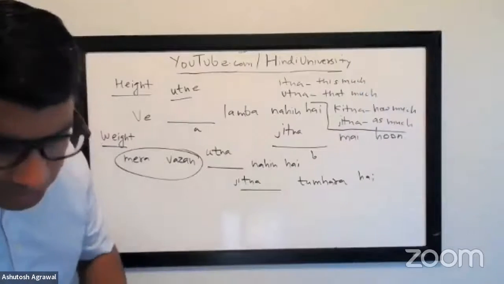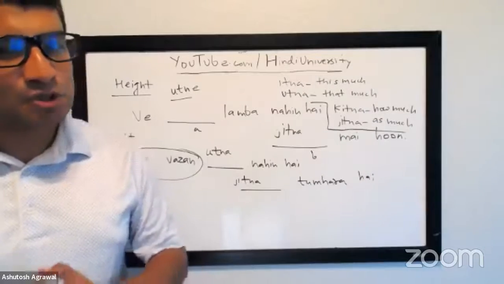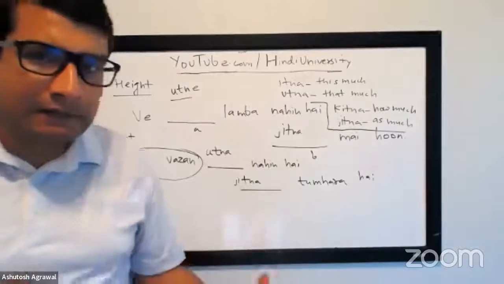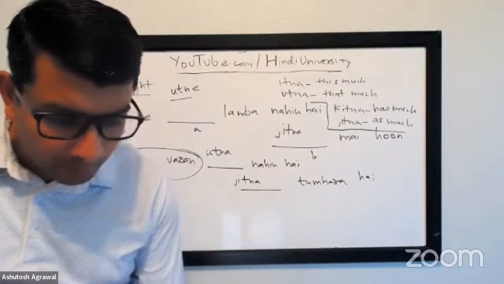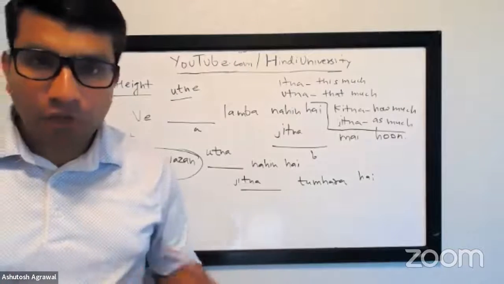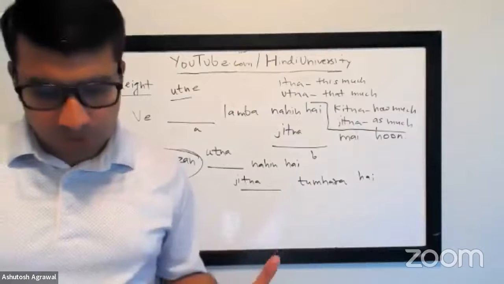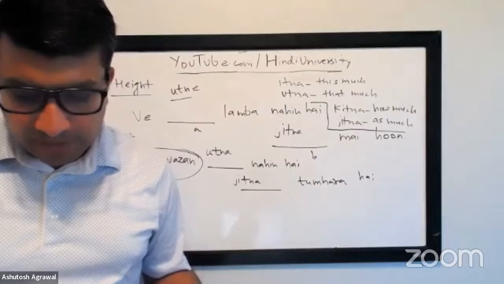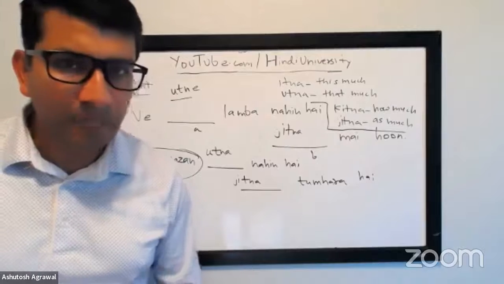Let's do some more examples. My suggestion is let's not do translation, because then it kind of gets to you. Just intuitively use this pattern that we have. So far we spoke about weight, we spoke about height. Now you want to compare and contrast the number of books, and say something like, I do not have as many books as you have.